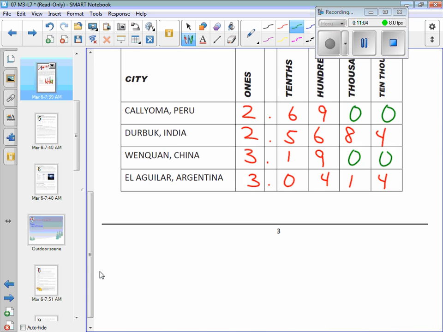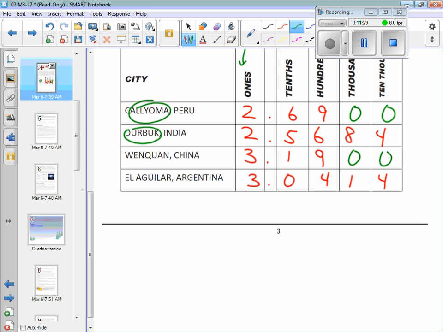We compare by place value from left to right. So the first thing I'm going to look at is my ones. And I'm looking for the lowest number. What's lower, 2 or 3? Just say it. 2. That is automatically now going to make the contender for the lowest either this or this.